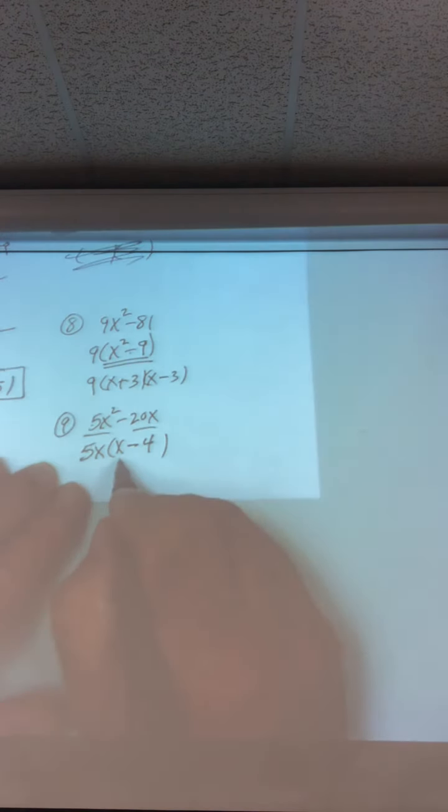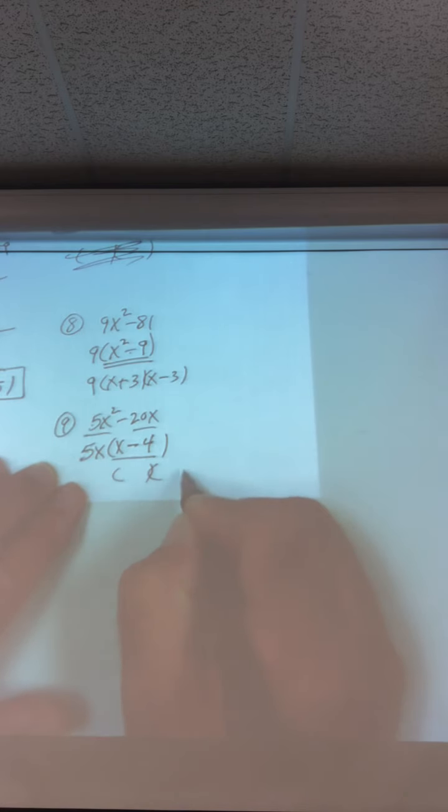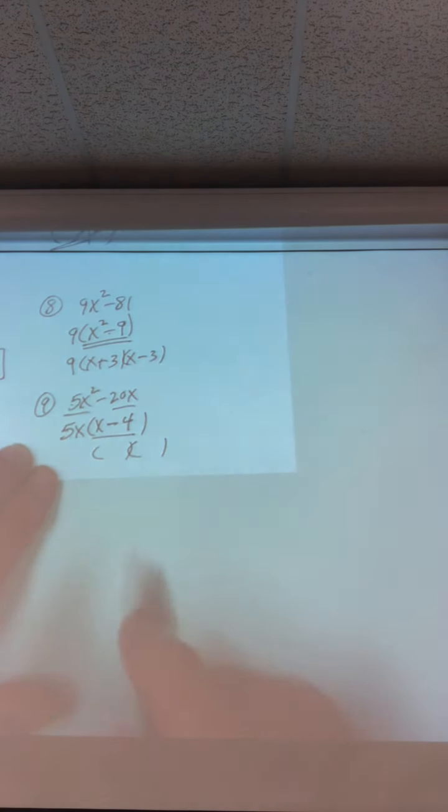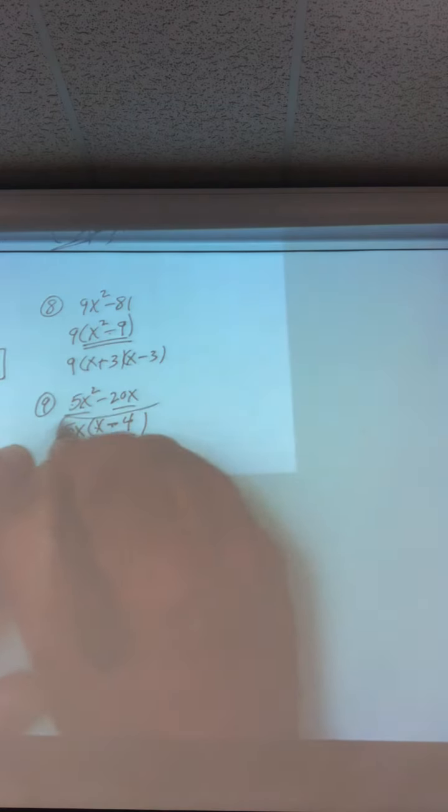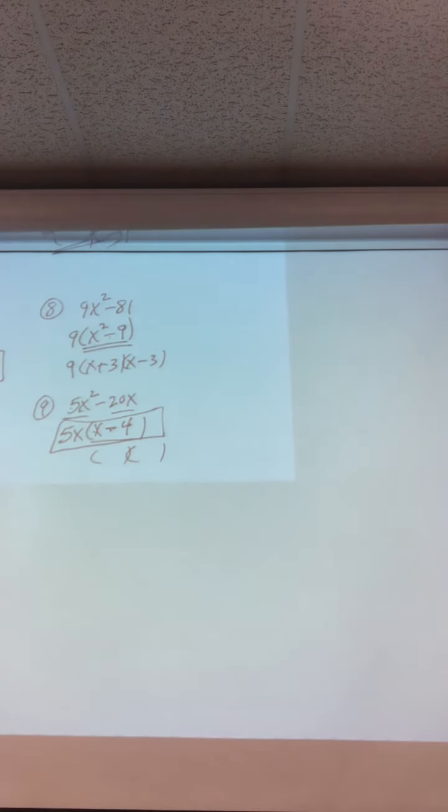And you said, wait a minute, this right here breaks down again. No, it doesn't, because this is the difference of two terms. 4 is a perfect square, 2 and 2, but this is not a perfect square. So that does not break down again. So that's as far as that problem will go.